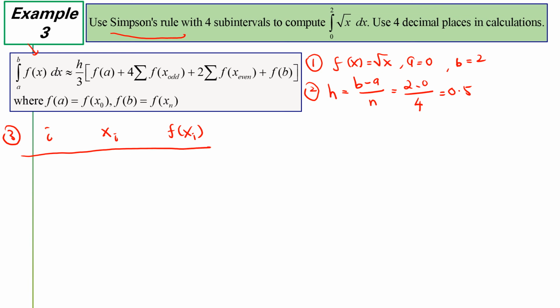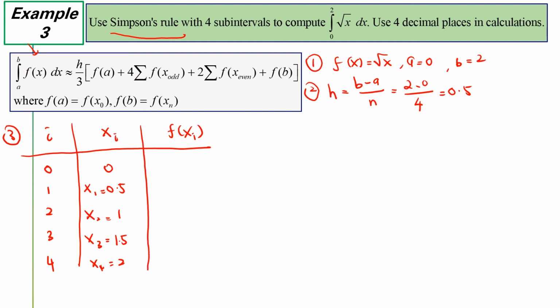For i, start with 0, 1, 2, 3, 4, since our n is equal to 4. For xi, x0 is 0, x1 is 0.5 plus 0, you get 0.5, x2 you get 1, x3 is 0.5 plus 1, you get 1.5, and x4 you get 2.